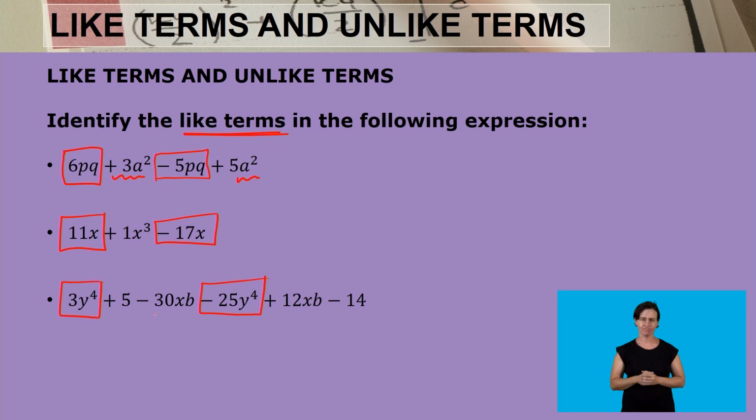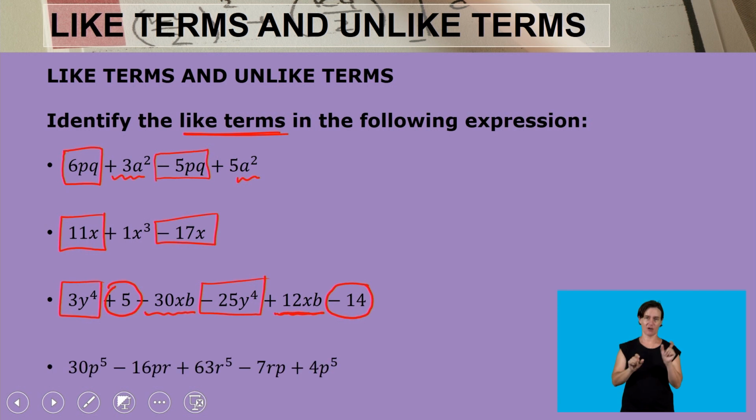Then we also have the negative 30xb with the positive 12xb. What about that 5 and that negative 14? Yes, they will also be like terms. And why are they like terms? Because they are both constants. So yes, they are also like terms.